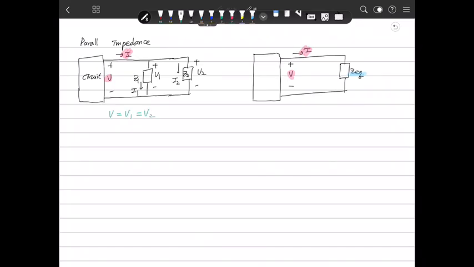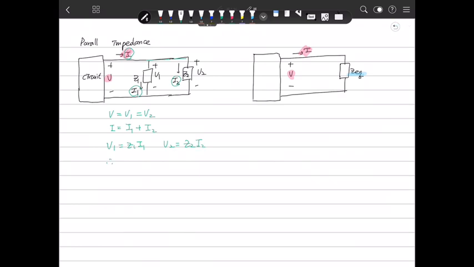is V2. And because I1 and I2 are divided based on the I, there is I1 plus I2. Then what is the V1? V1 is G1 I1, and V2 is G2 I2.